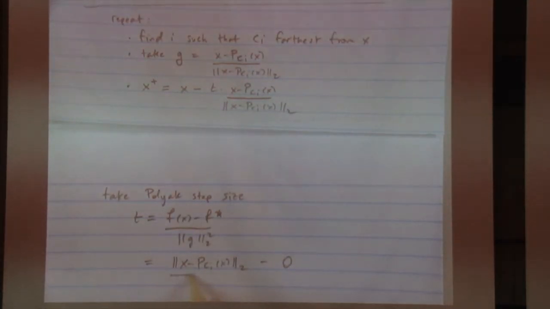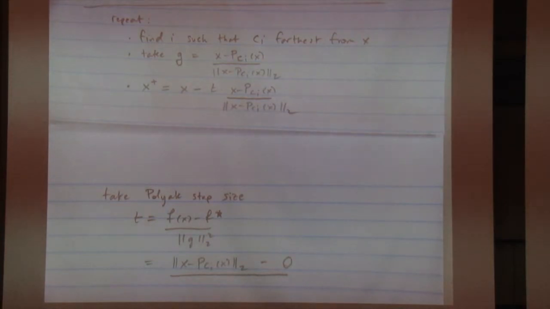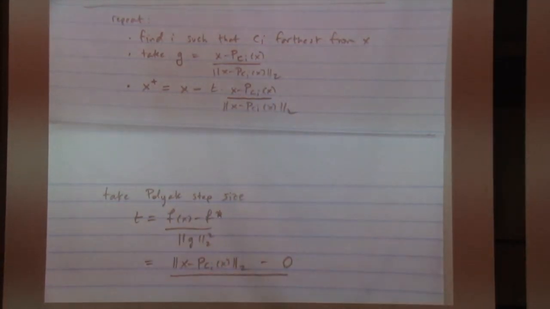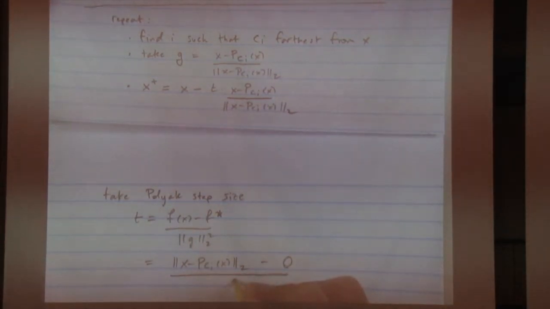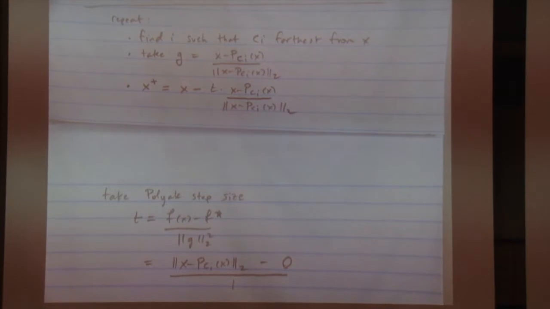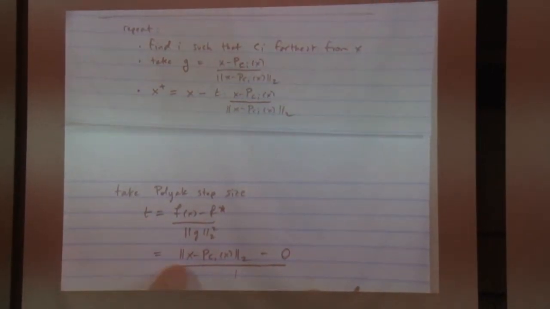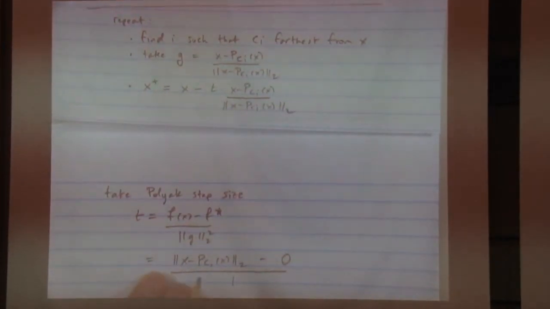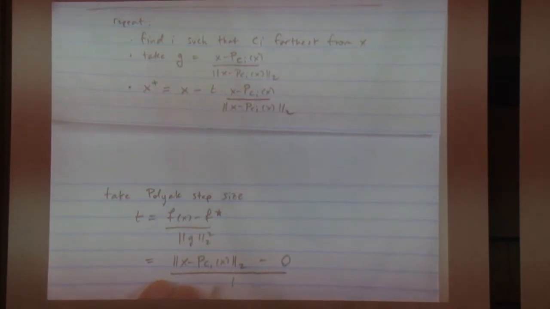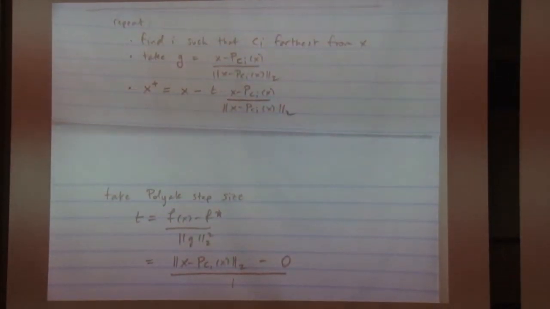And what was the norm of g? Remember g was this. So what's its norm? Its norm is just 1, right? Norm squared is 1. So in other words, the Polyak step size tells us to take t to be equal to the distance we are currently to the farthest set.